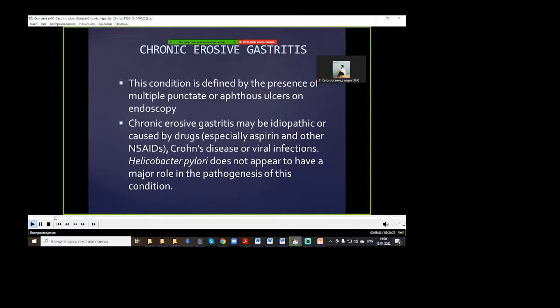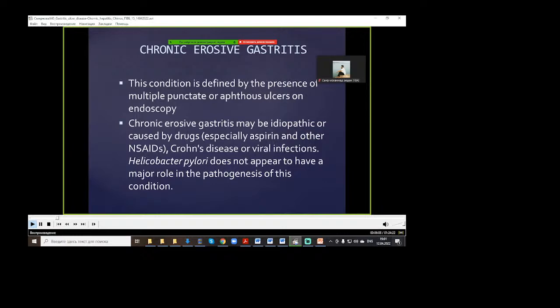So chronic gastritis is also divided into chronic erosive gastritis and chronic non-erosive or atrophic gastritis. For the first, about chronic erosive gastritis. This condition is defined by the presence of multiple punctate or aphthous ulcers on endoscopy.